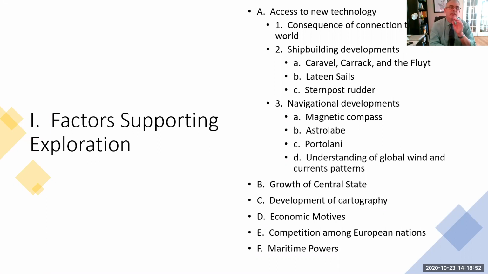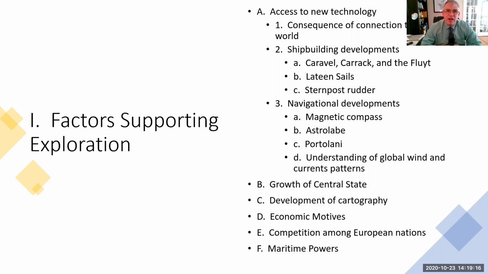France is centralizing. The Netherlands is pulling together. And the reason why this matters is because now these central states are able to fund the expeditions. These expeditions are expensive. Building the ships takes money. And these central states can provide the resources to make these expeditions possible.